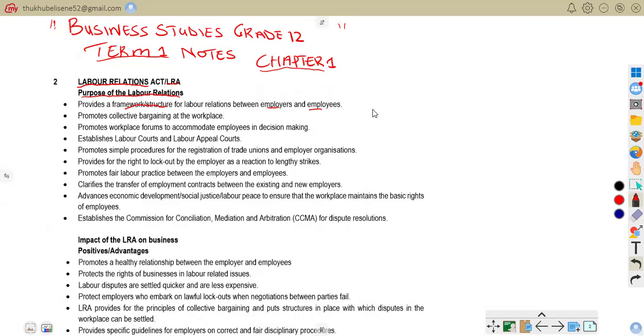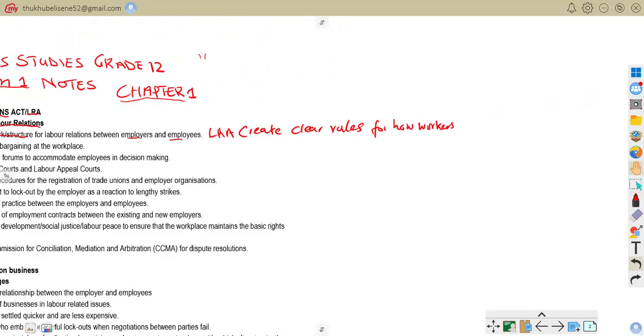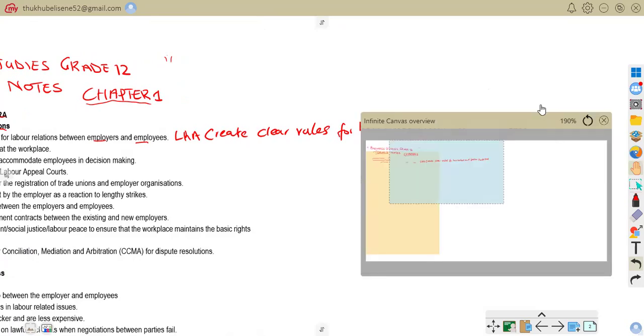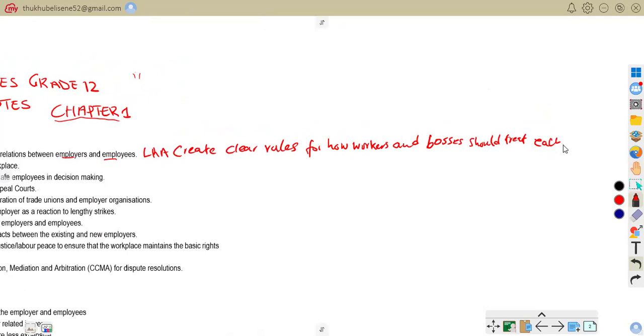What it means is that the LRA, Labor Relations Act, creates clear rules for how workers and bosses should treat each other.